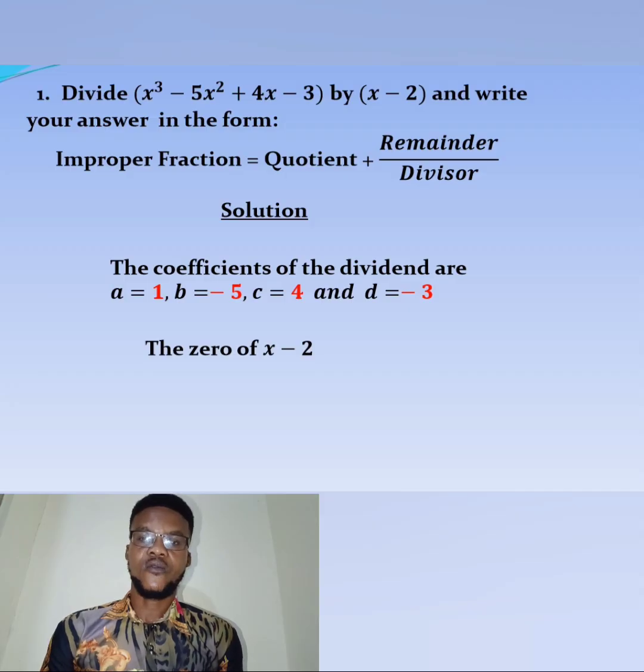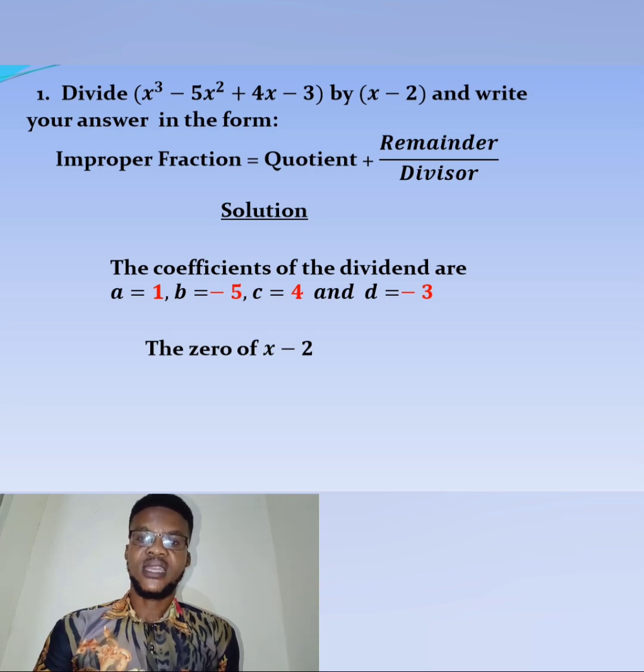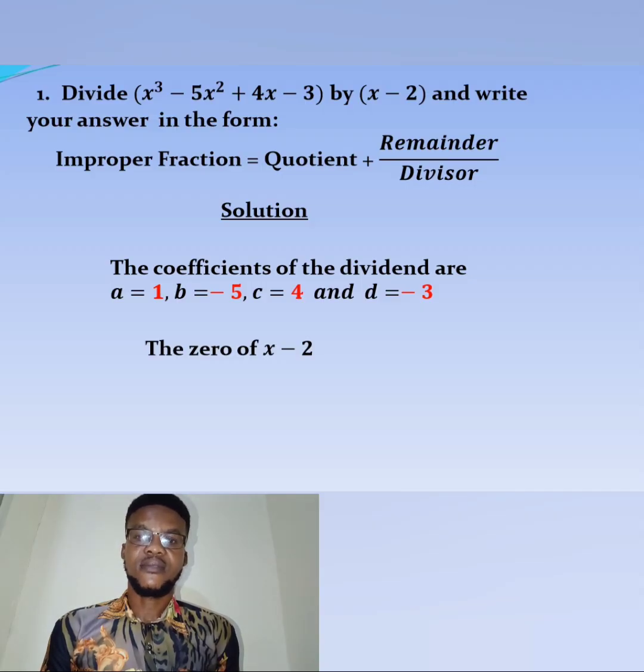Then once we are done, we also find the zero of the linear polynomial, which is x minus what? 2. To find the zero, you've done this already, so this is not a new thing. As I said previously, if you have forgotten, then you need to go back to our previous lessons, and you get how to find the zeros of a function or a polynomial function.